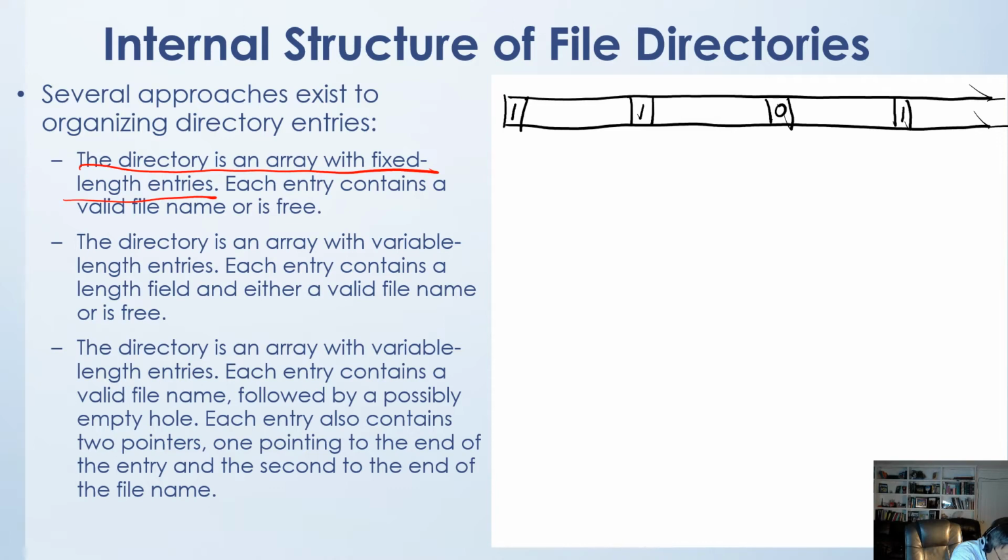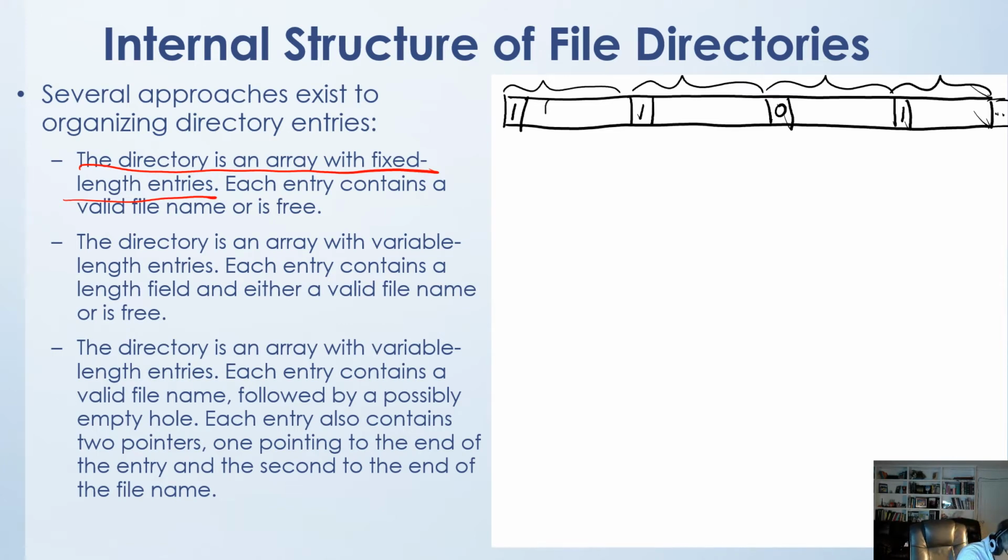And this is another occupied. Okay, so each has a fixed size. Now, an occupied entry points to the file control block containing all attributes.